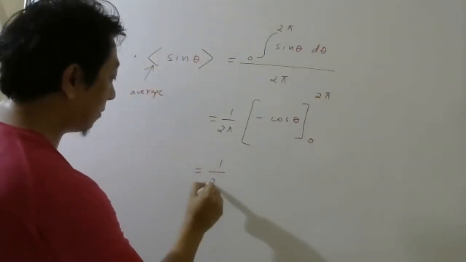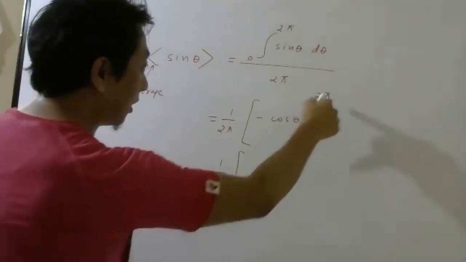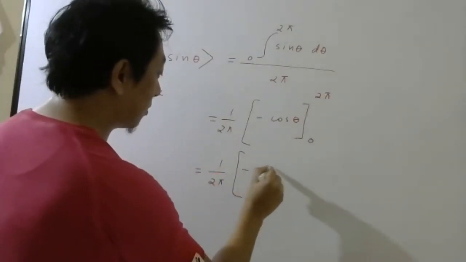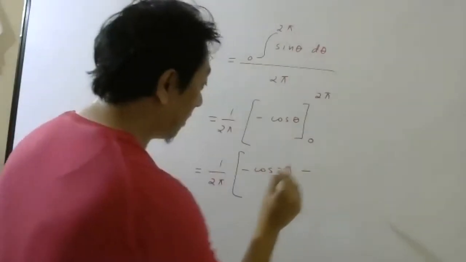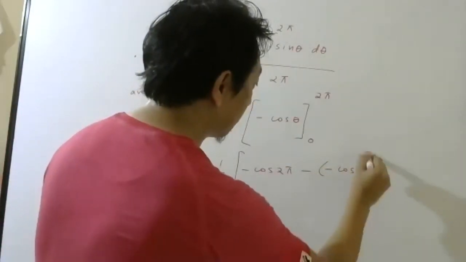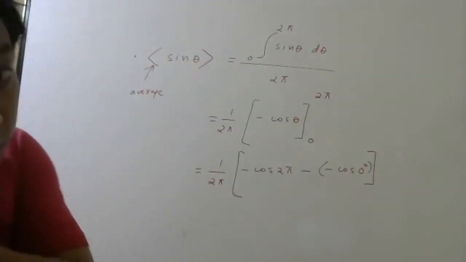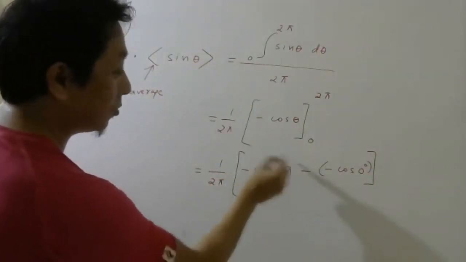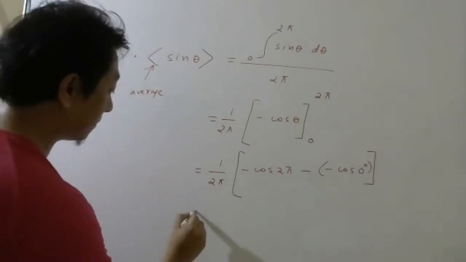Then this will be 1 by 2 pi, put upper limit, minus cos 2 pi, minus, put lower limit, minus cos 0. What is cos of 360 degree? 2 pi means 360 degree.